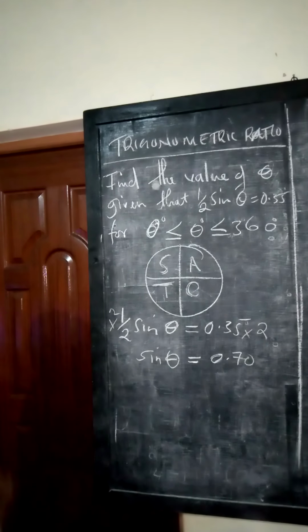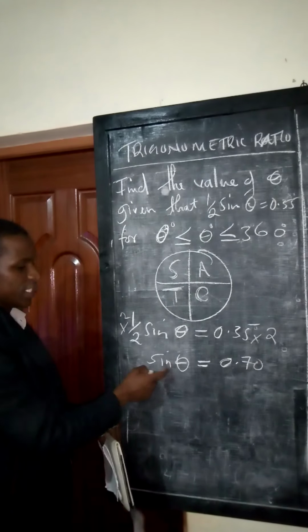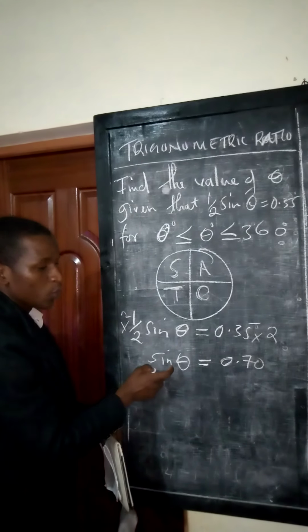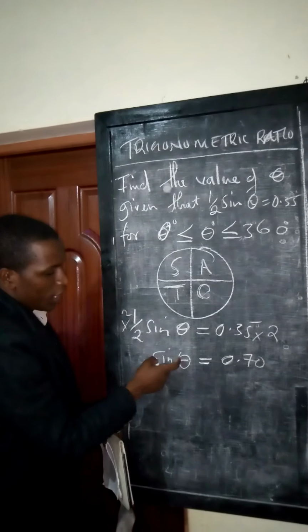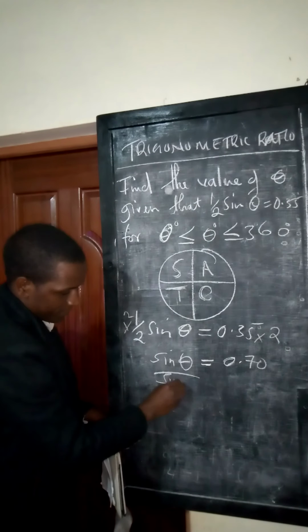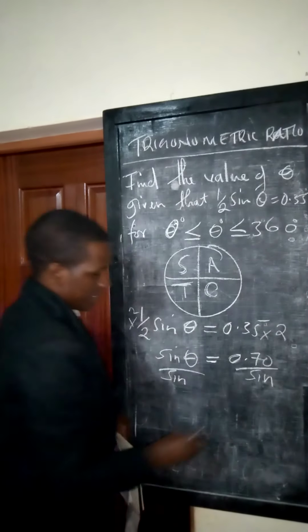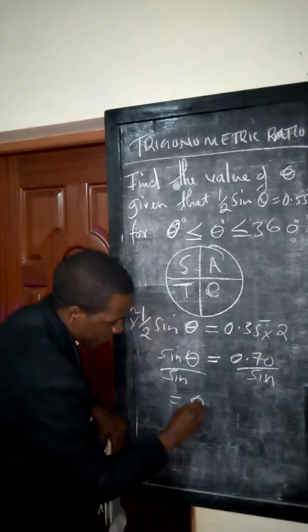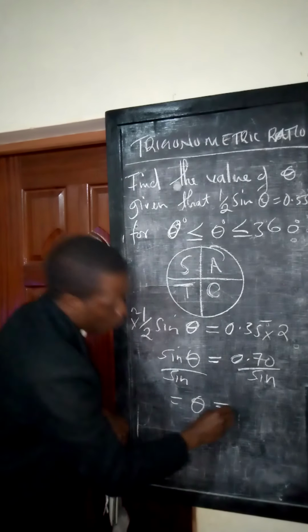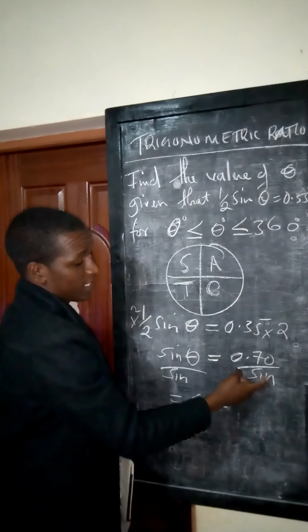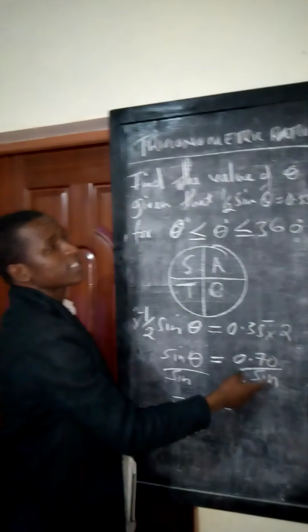Sin theta is equal to 0.7. But we want theta. What do we do to remove this sin? We divide by sin, and the other side we divide by sin. This one will give us theta is equals to sin inverse.